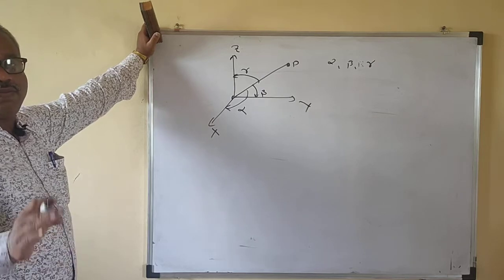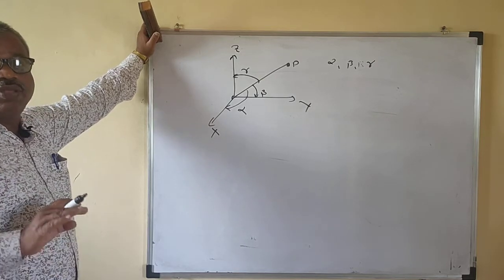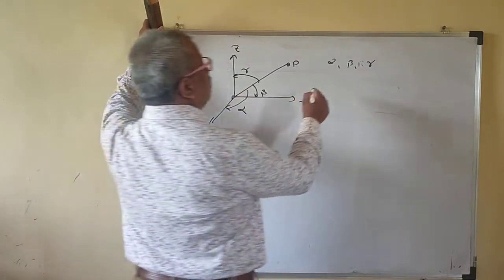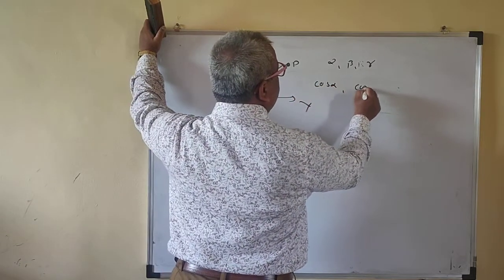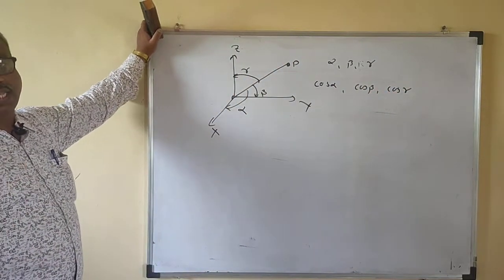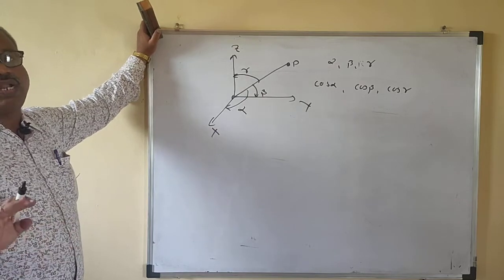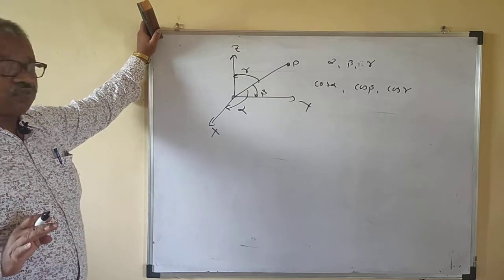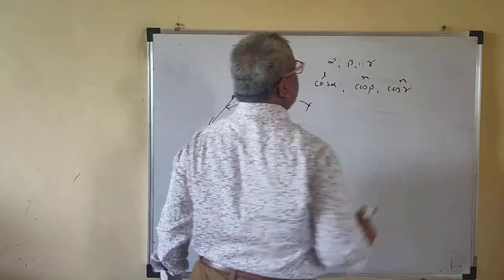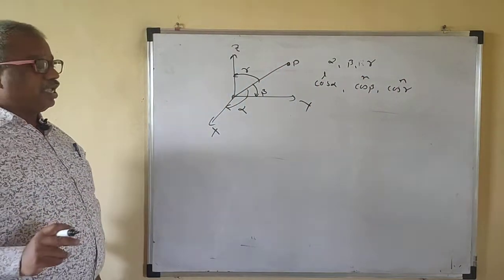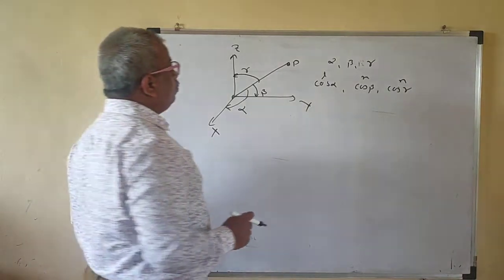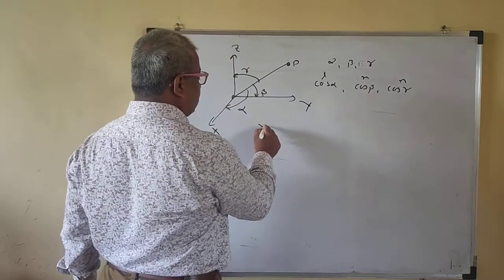The angles made by a line with the coordinate axes are the directed angles, and their cosines, that is cos alpha, cos beta, cos gamma, are called direction cosines. The cosines of the directed angles are called direction cosines, and they are usually denoted by l, m, n. Now, suppose the x axis.